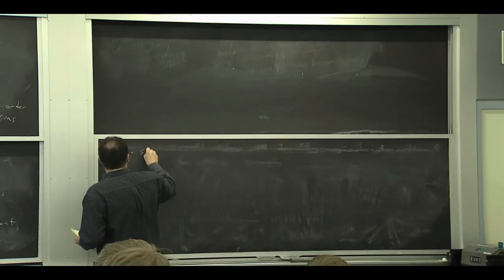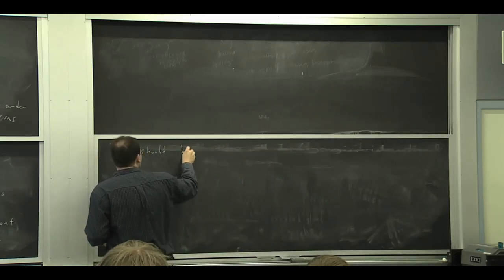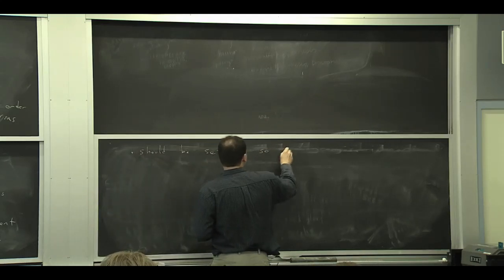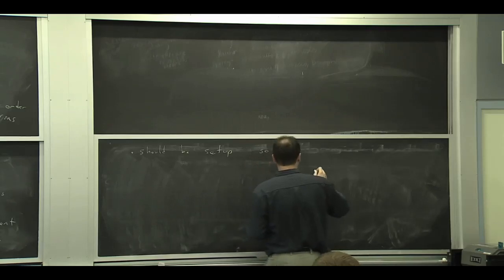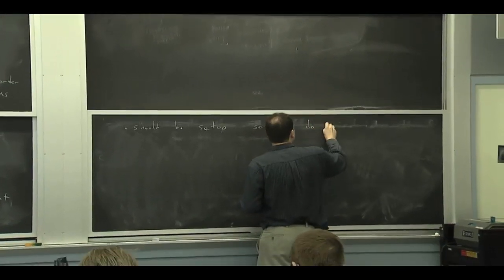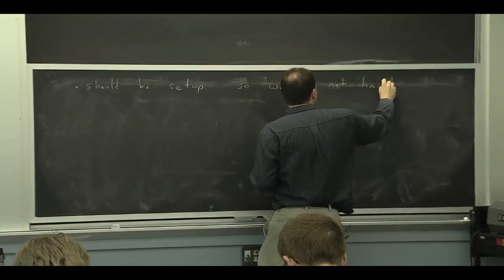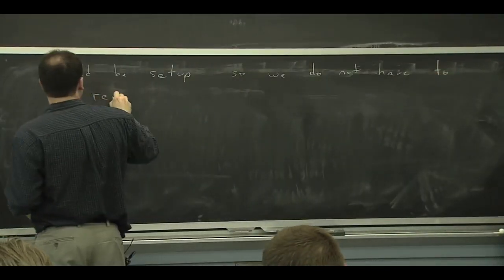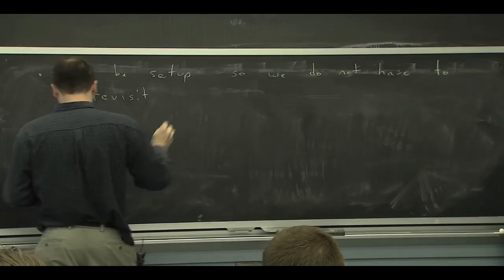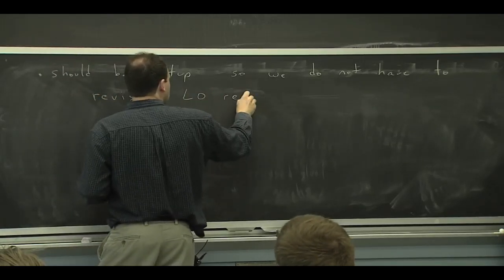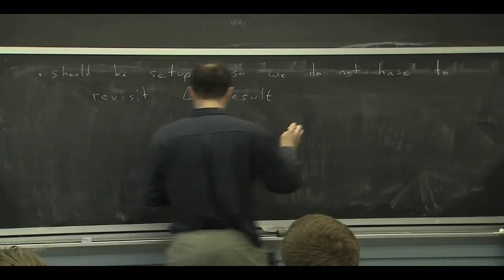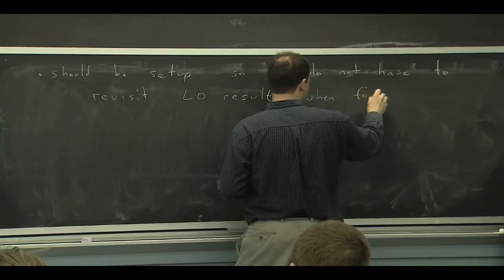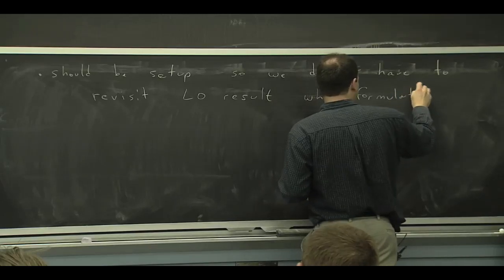So another way of putting it is that we should set things up so we don't have to reset things up when we start talking about power corrections. So we really should think about the effective theory globally, even though we're sort of starting by formulating the leading order term.